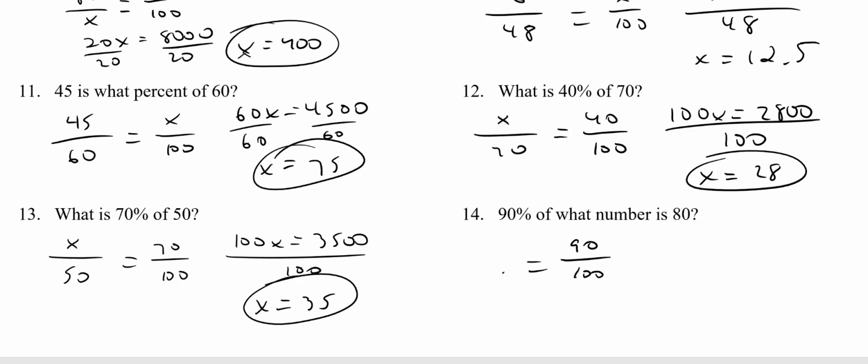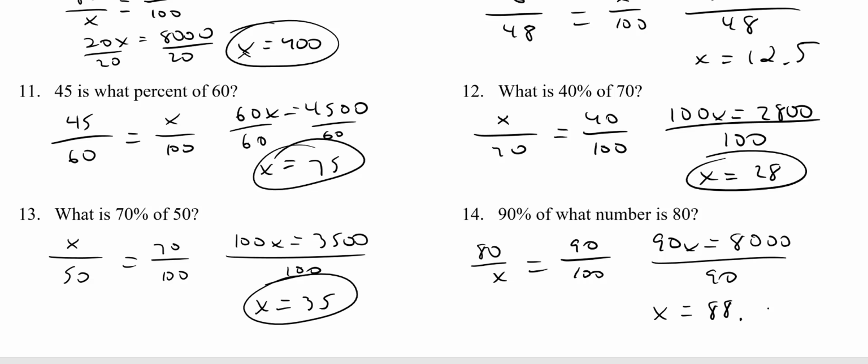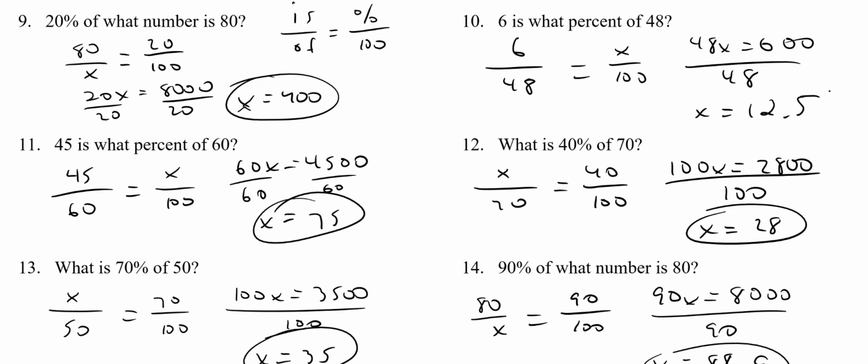Of what number? That's your question. Is 80. So put 80 for the is. I cross multiply. So 90x equals 8,000 divided by 90. That gives you 88.9. And this top number, by the way, is what percent? That's a percent here.